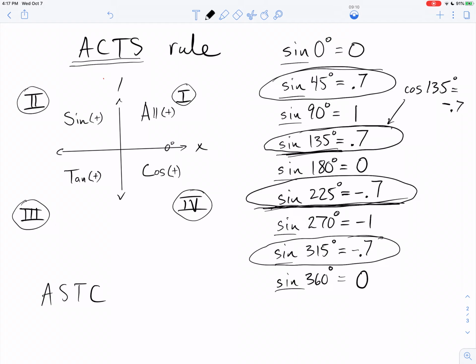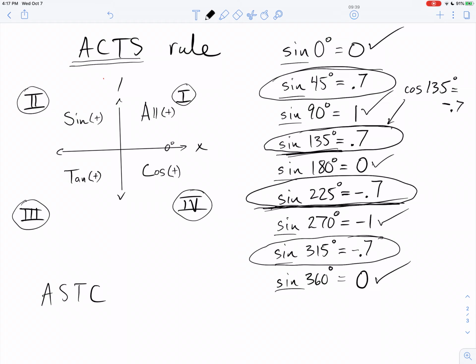But you'll also notice that we have some special ones. 0 degrees, I got 0 for an answer. 90 degrees, I got 1 for an answer. 180, I got 0 for an answer. At 270 degrees, I got negative 1 for an answer. And back to 360, all the way back around full circle, I'm back to 0.